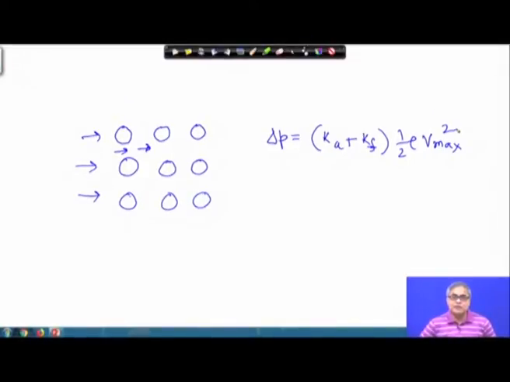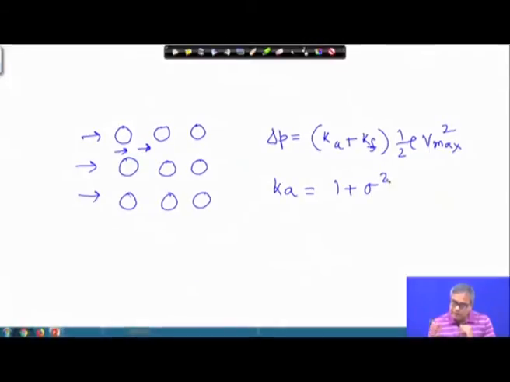Then how has it been taken care of? All the complexities have been clubbed into two coefficients. One is K A, which is due to acceleration, and another is K F, which is quote unquote due to friction. As I have told, friction and form drag and all these losses due to the viscous nature of the fluid will be plugged into K F, and then K A is equal to 1 plus sigma square.